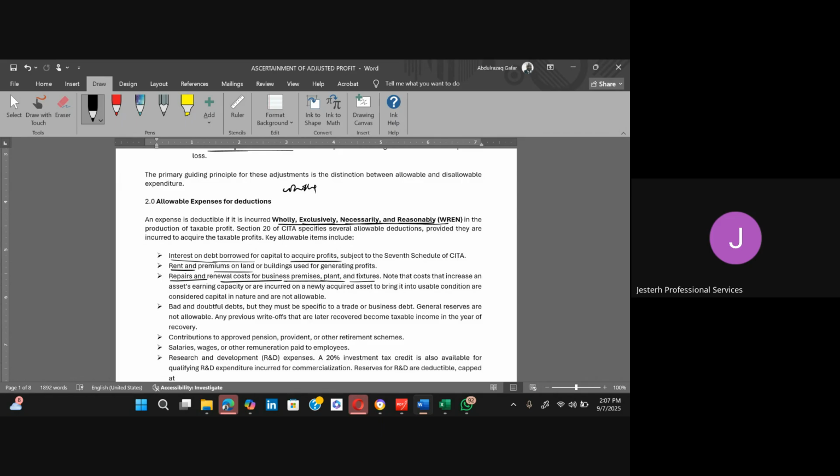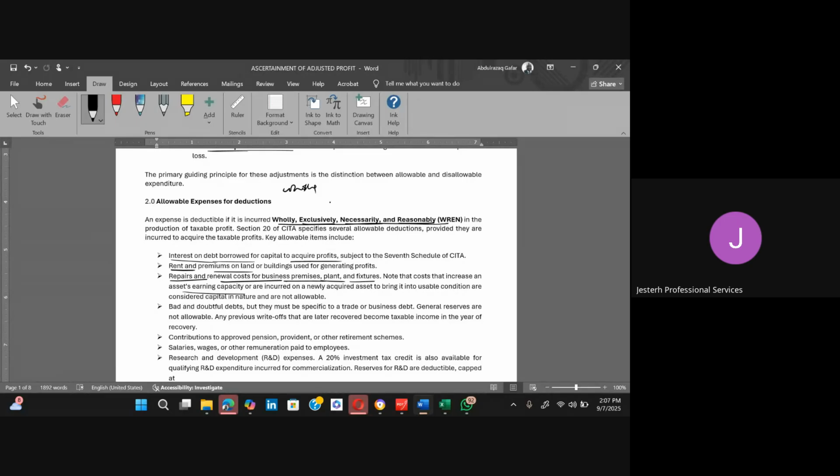So when you have repairs for your plants, your fixtures, the items of asset that you have in the business activities, it will also be allowed. However, the cost that increases an asset's earning capacity will not be allowed as a deductible expense.